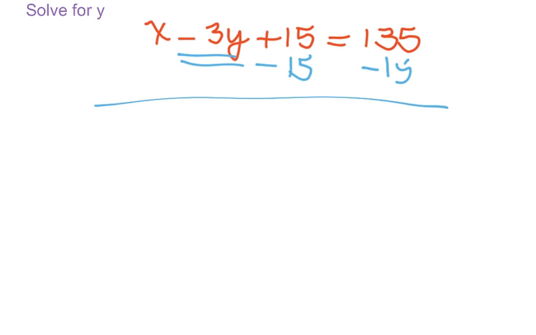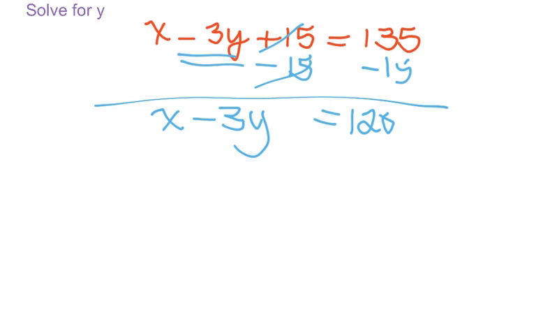When I subtract 15 from both sides, on the right, I still have 120. And you're going to notice those 15 go away. And I'm left with x minus 3y is equal to 120.